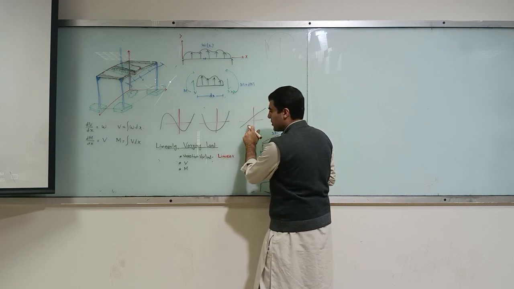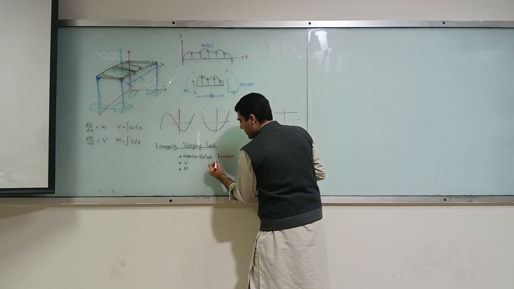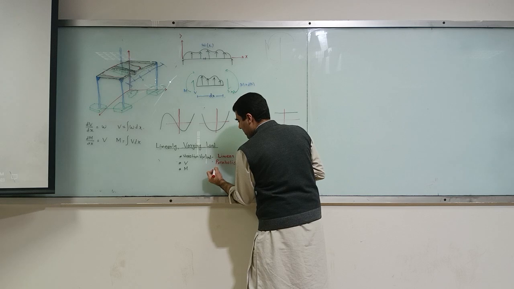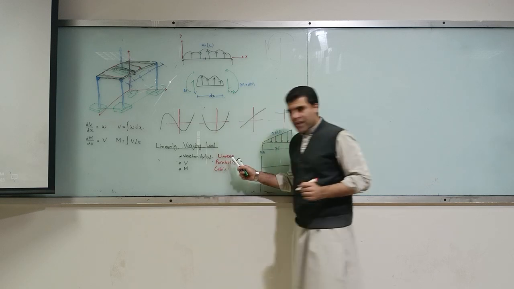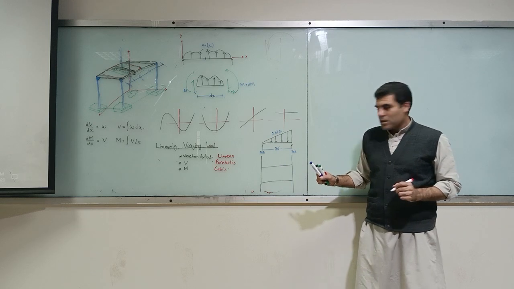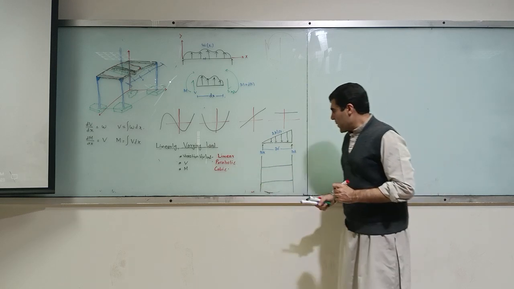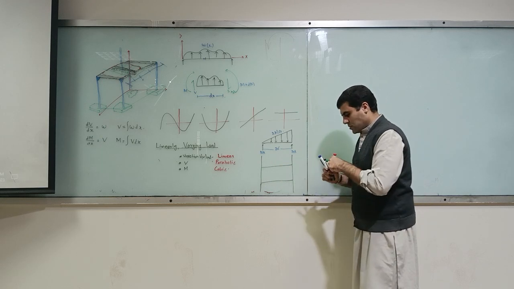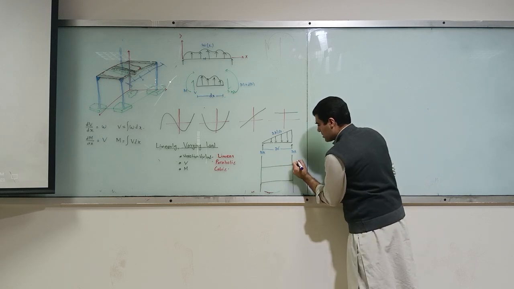So the shear would be parabolic and moment would be cubic. Is that right? Yes. So we'll have to draw a parabolic curve to account for shear.